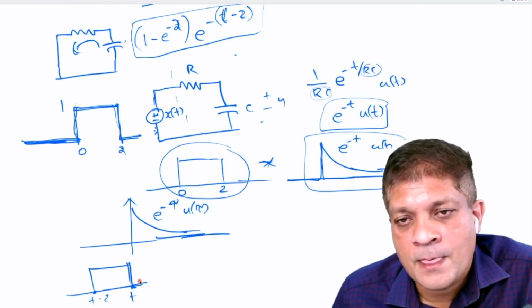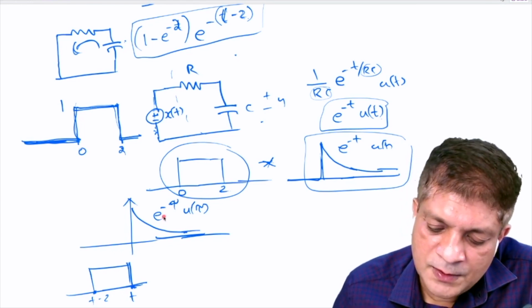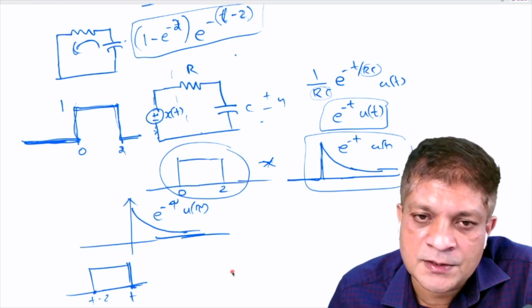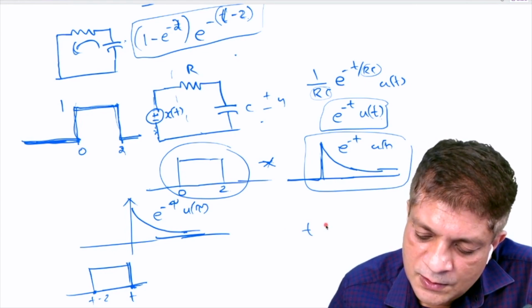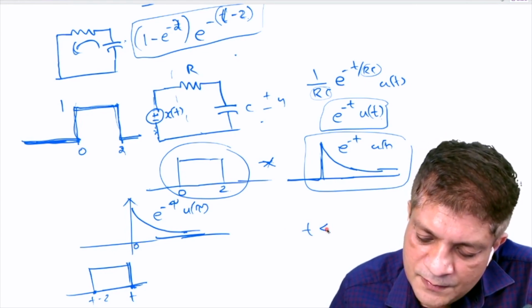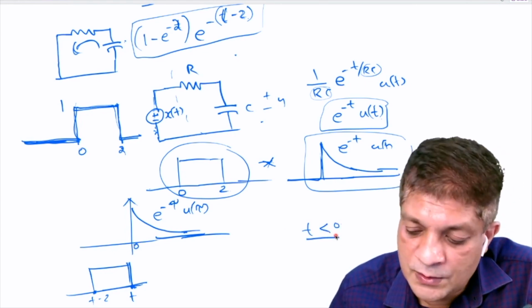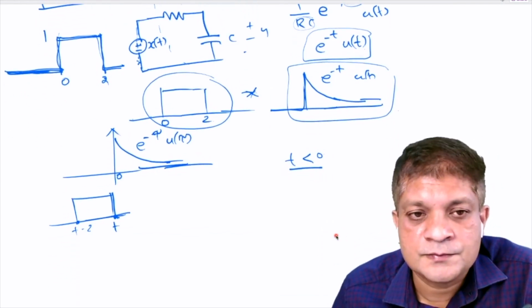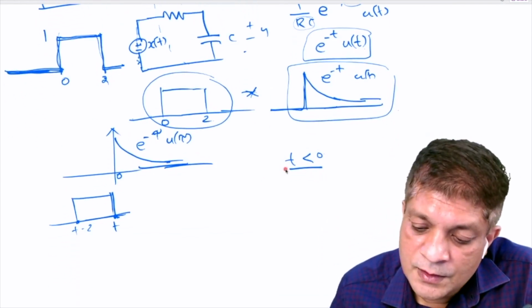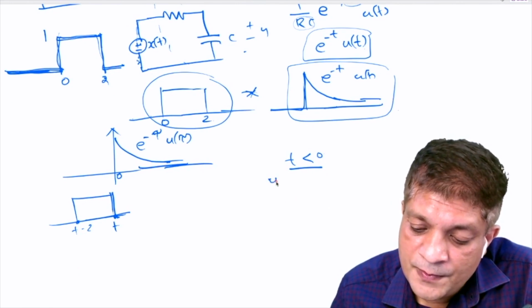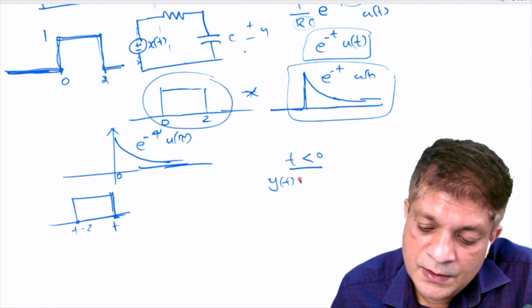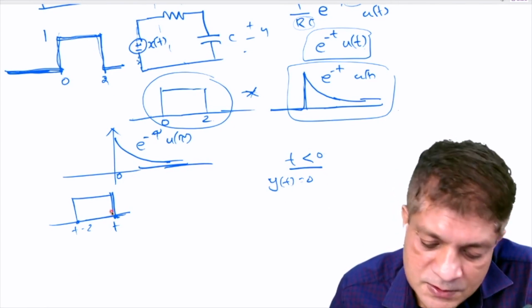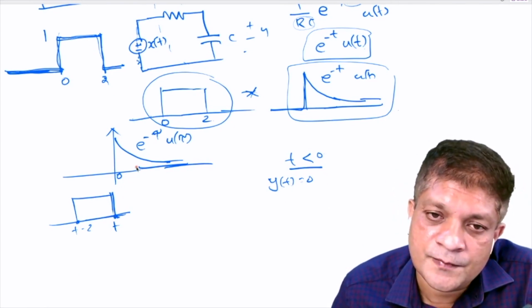Now if we start, we have to slide this from minus infinity to infinity. Until t reaches where? For t less than 0, what will be the output? The output y(t) is 0. Then the overlap starts.